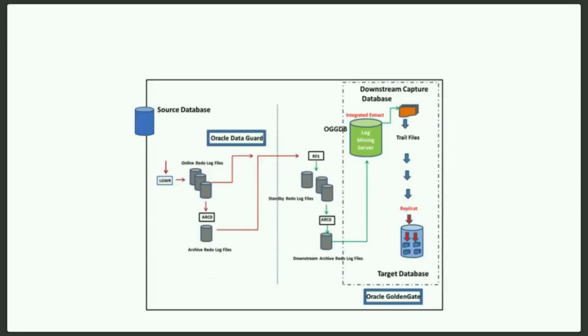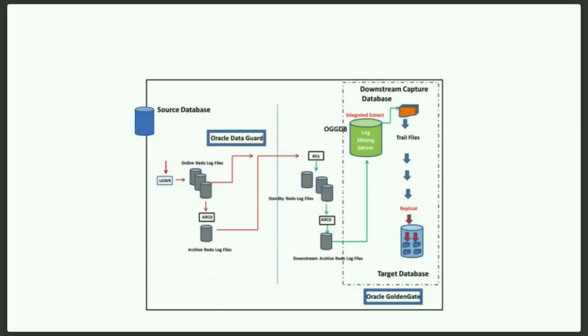In this case, we have a source database. The log writer process is writing to the online log files. This is very similar to Data Guard. Redo transport is involved here. Either I'm using the ARC process, in which case the archive log file gets filled and only then is sent to the RFS process.